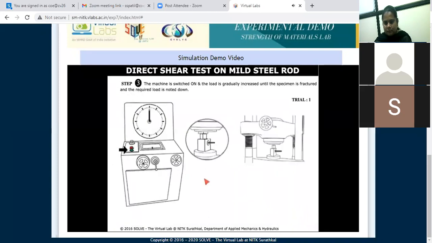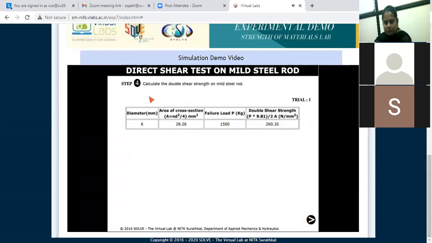Once the specimen is placed, switch on the machine by clicking on this green button. The load is gradually increased until the specimen is fractured. The required load is noted down. Now, click on this red button to switch off the machine. These are the observations for the trial one. To calculate the double shear method, we can use this formula.